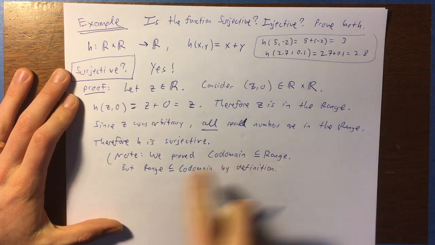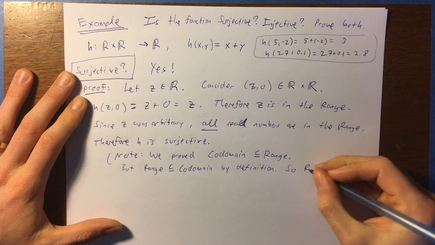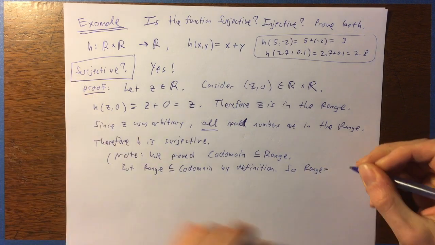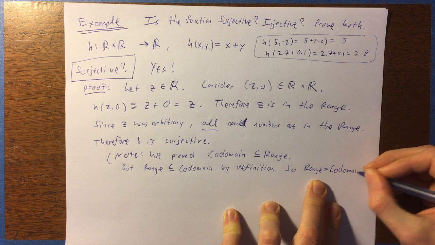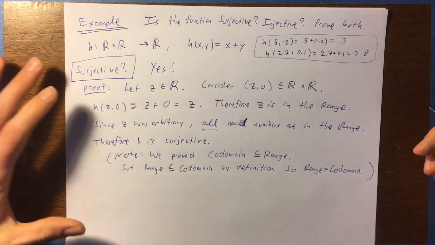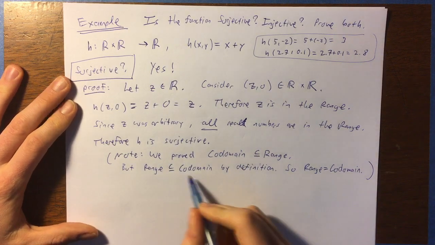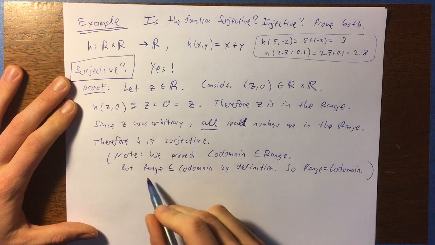So if you prove that two sets are subsets of each other, that proves that they're equal. Remember that from section 2.1, right? And we don't need to prove the second part here. We don't need to prove that the range is a subset of the codomain because that's just a given.